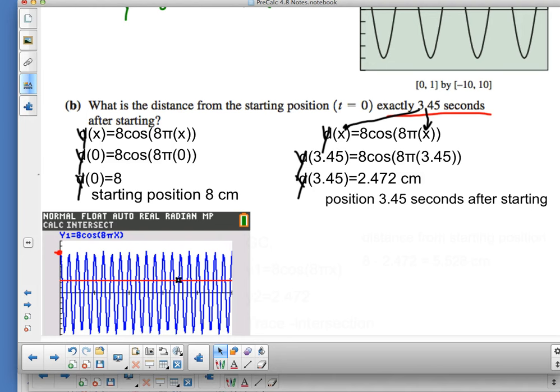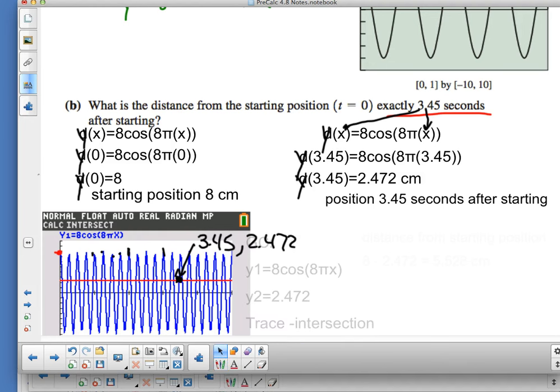So although it's been 3.45 seconds, there's 1, 2, 3, 4, 1, 2, 3, 4, 1, 2, 3, 4, and then 0.45. We're right here on our graph because this is about 3.45 seconds. This is where we're at, this point at 3.45, that is my x, and my y is 2.472.